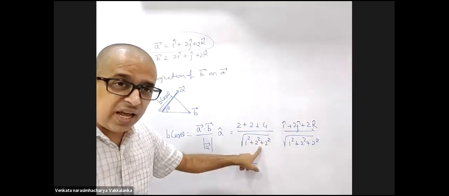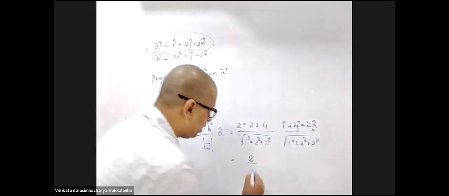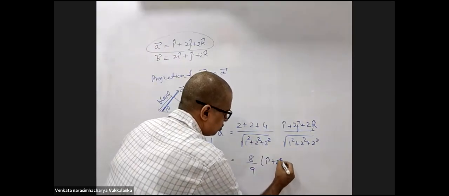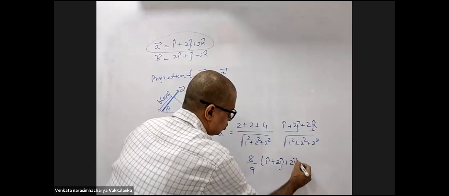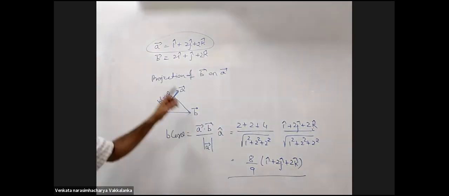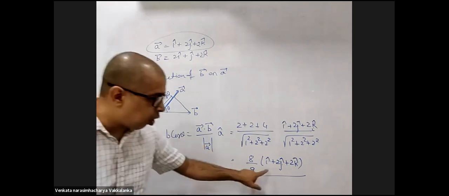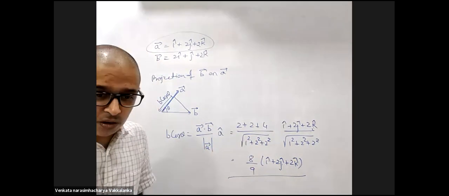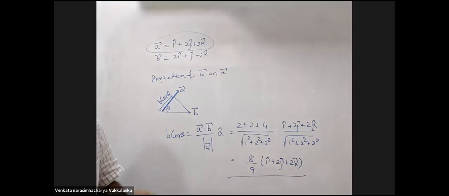Root over of 9 is 3. 3 into 3 is 9. i cap plus 2j cap plus 2k cap. Projection of B on A, along A.